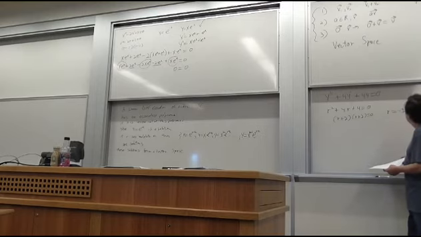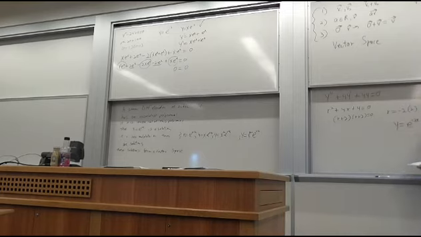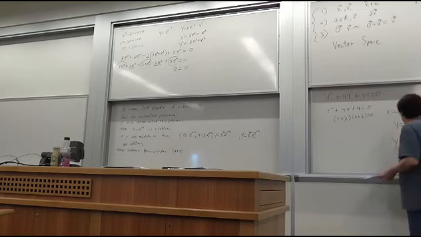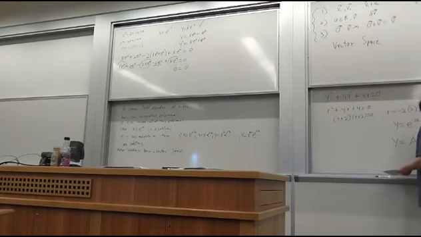So the solutions are y equals e to the minus 2x, and y equals x e to the minus 2x. And the most general form would be y equals a e to the minus 2x plus b x e to the minus 2x. That's all there is to it.